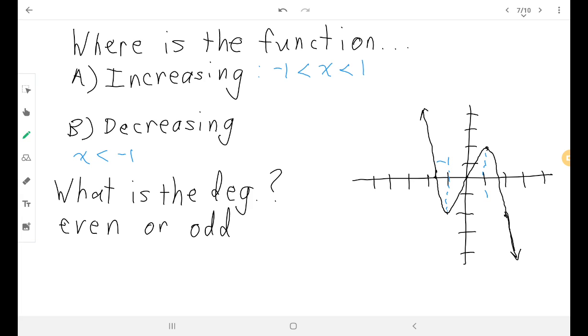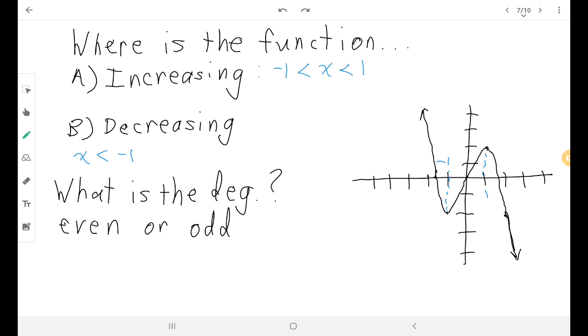In other words, if you start at -1 and just go that way forever, it's always decreasing. It's got to come from the top and come down. It's always going down, down, down, down, down, as you move from left to right, if you started from way back at negative infinity.